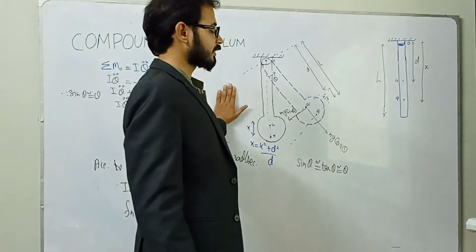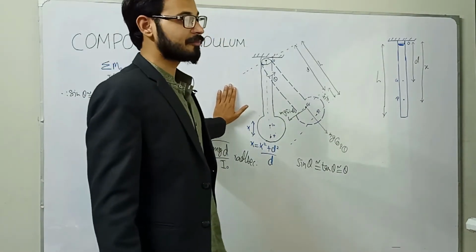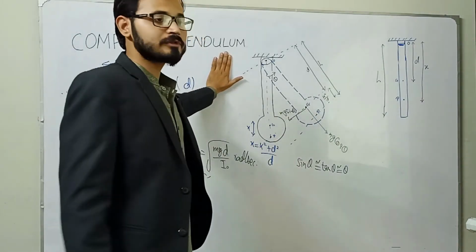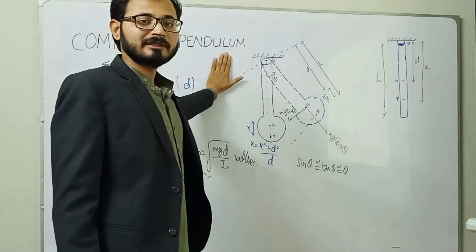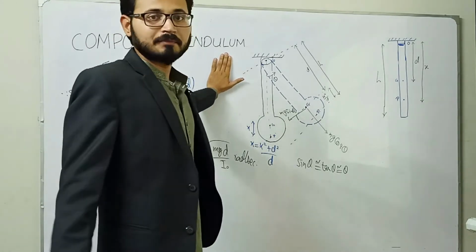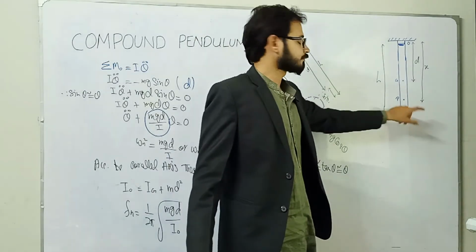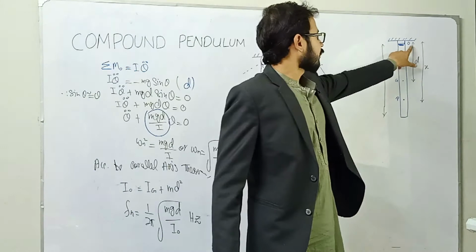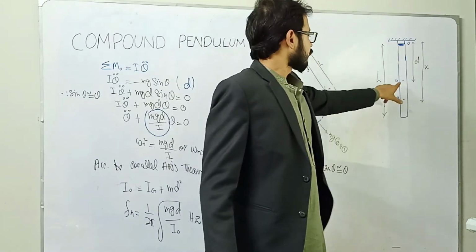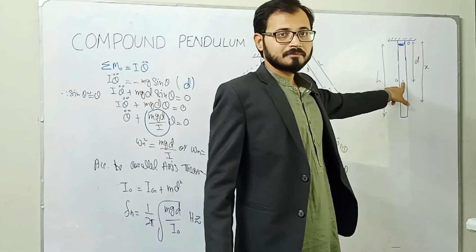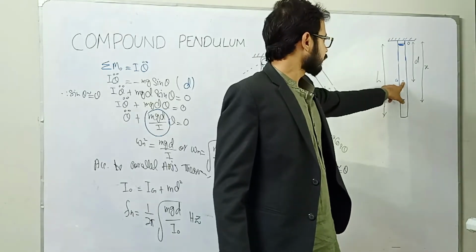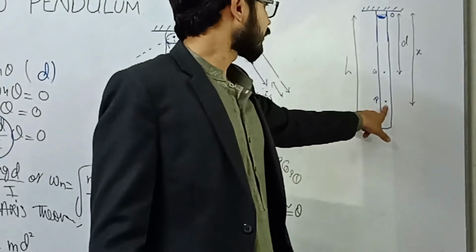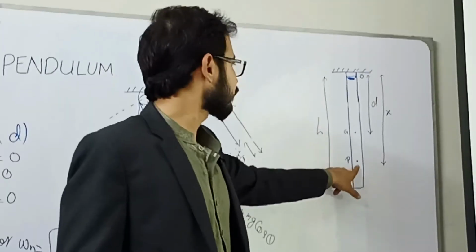Now we will consider an example of a beam for the compound pendulum. Suppose we have a beam, total length of beam is L. This is a beam which is suspended from the point O. The center of mass of this beam is lying at point G, and this is the center of percussion point of this beam, where there is zero effect of force.